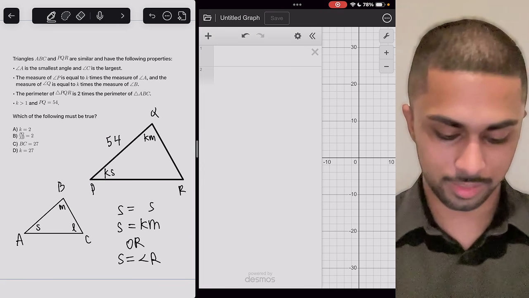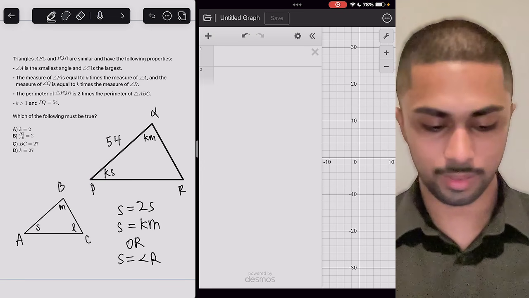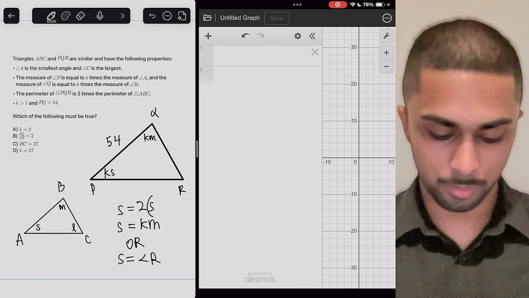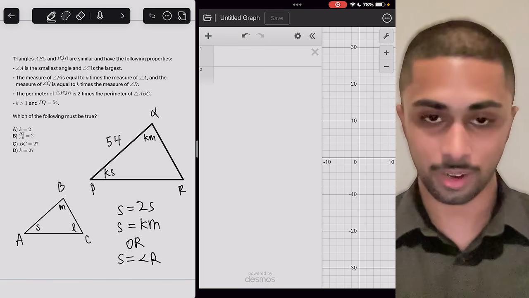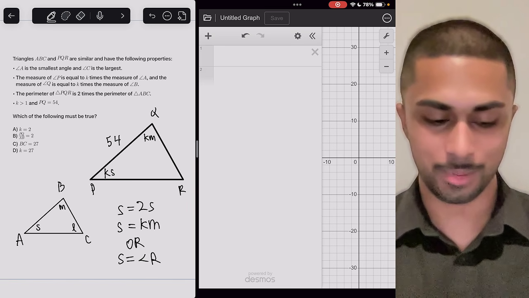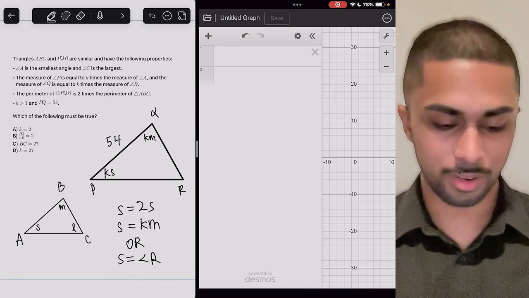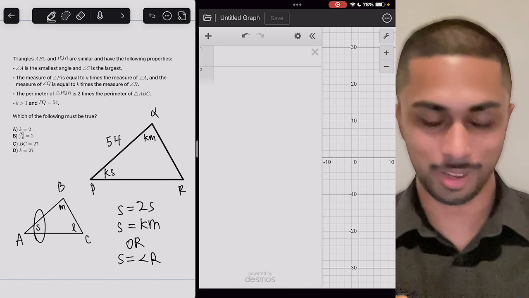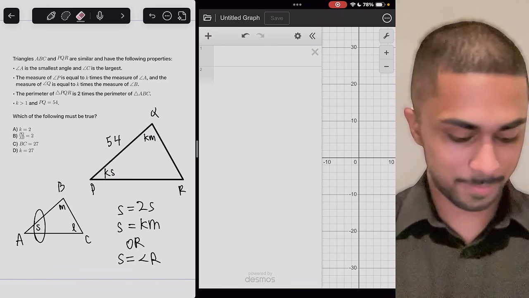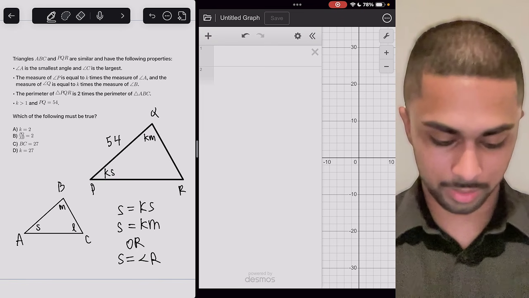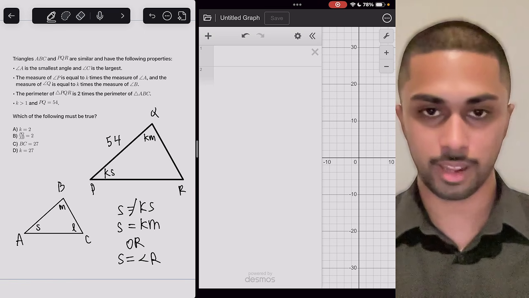So let's say it's like 2. Any number greater than 1 multiplied by itself is not going to equal itself. You can try it with any positive number. And how do you know S has to be a positive number? Because it's an angle. It has to be positive. So this is never going to work. S can never equal KS.